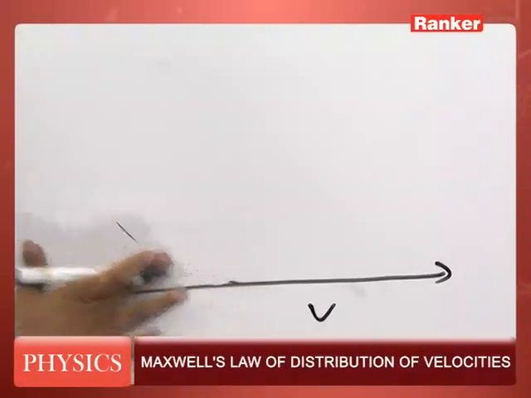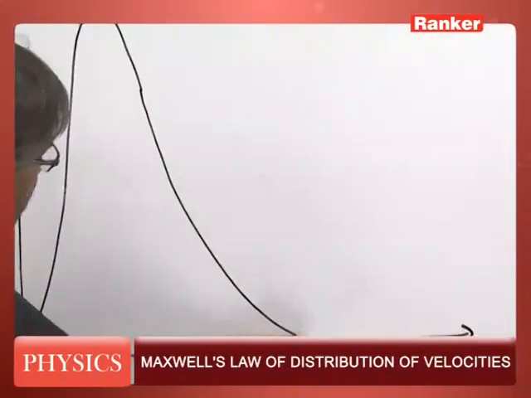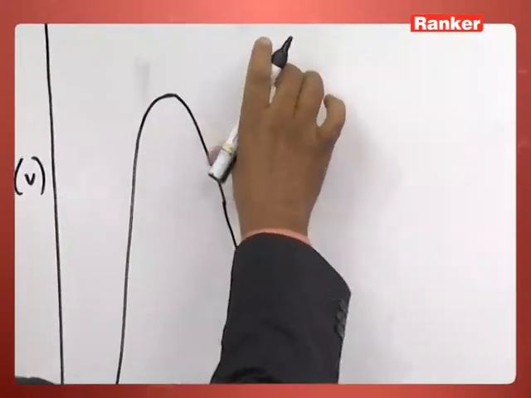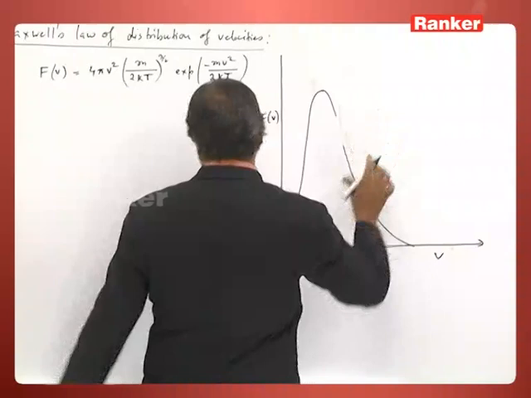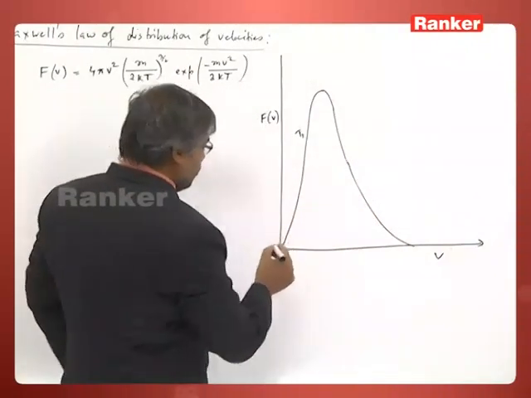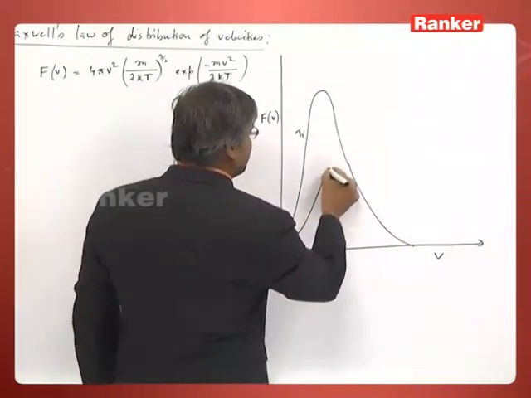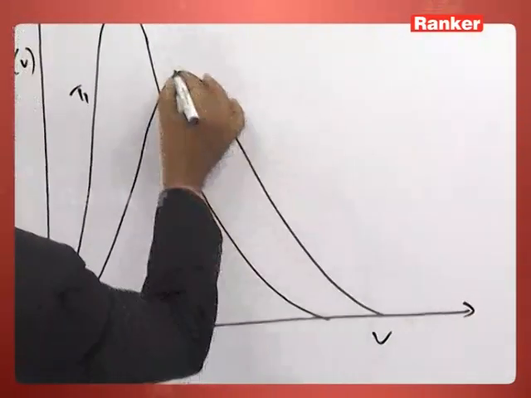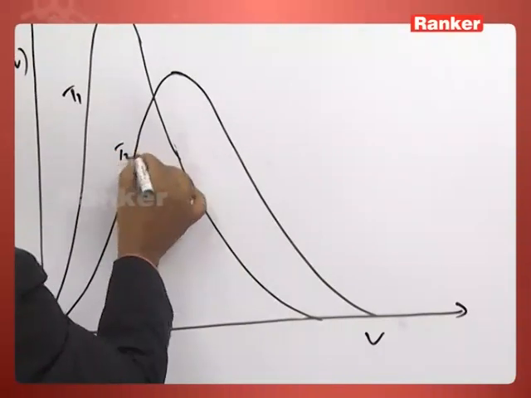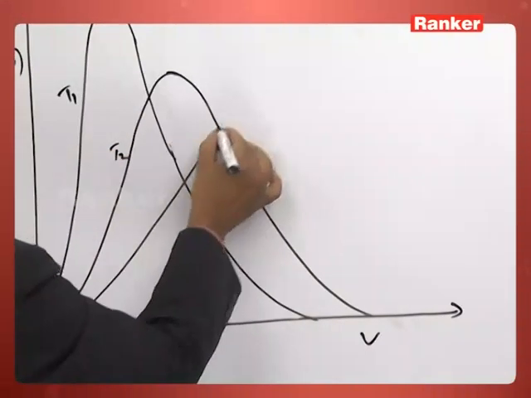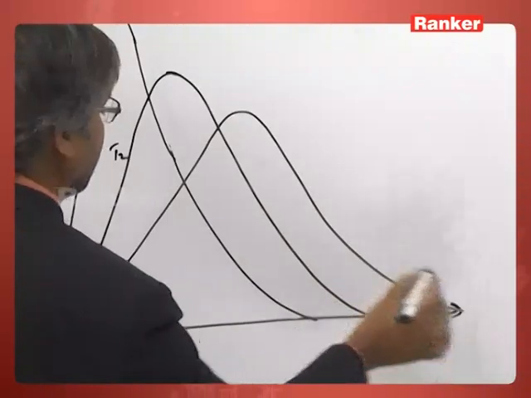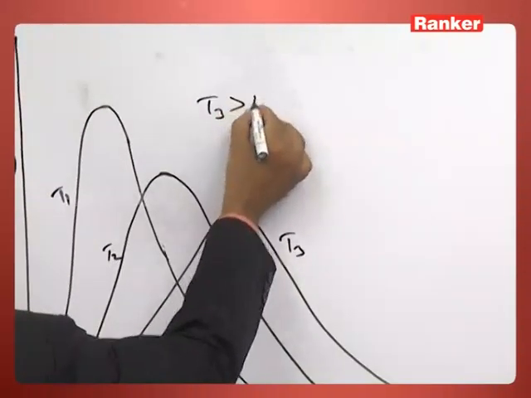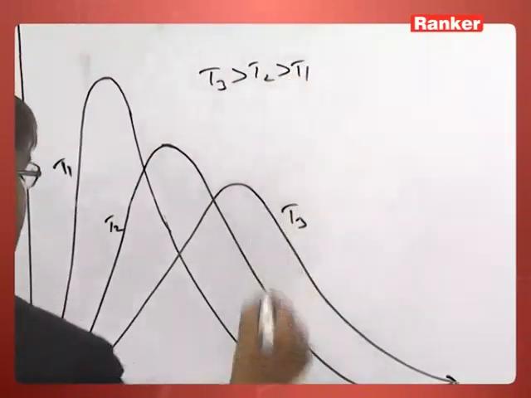Suppose this is at temperature T1. Now if we further increase the temperature, then the curve will be like this. This is temperature T2. If I further increase the temperature, the curve becomes like this. This is T3. So T3 is more than T2 is more than T1.